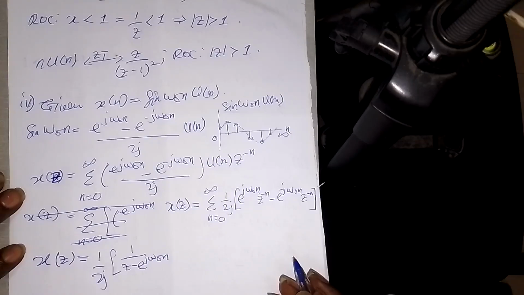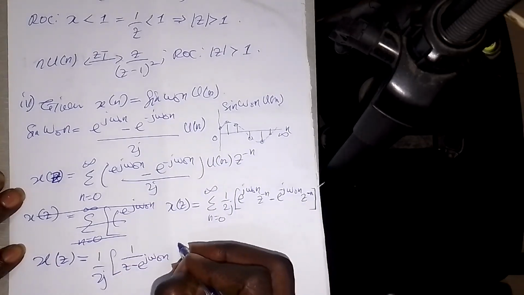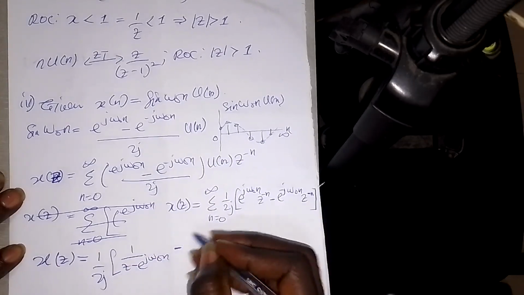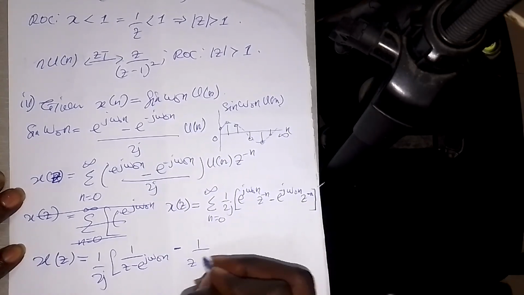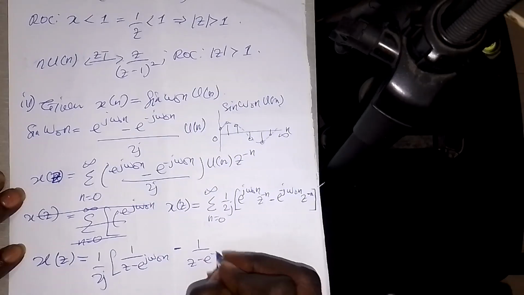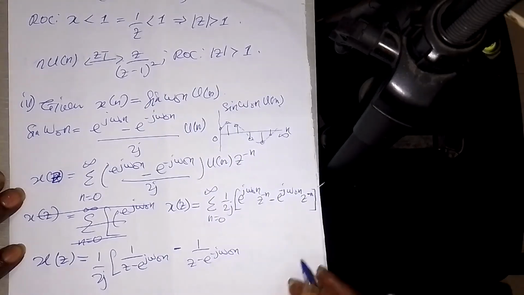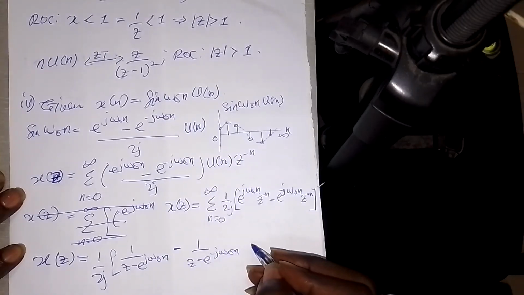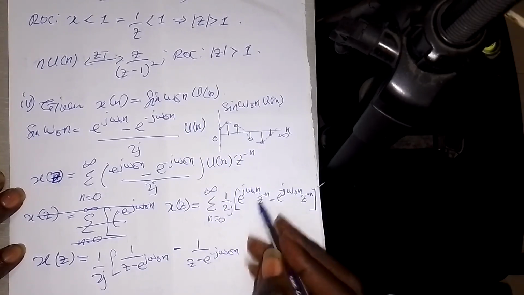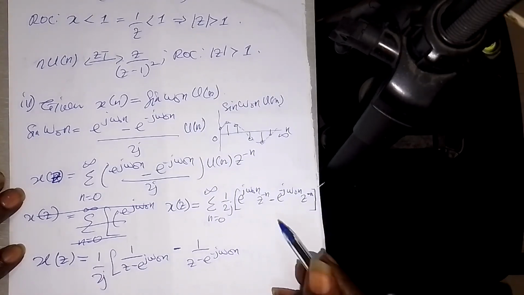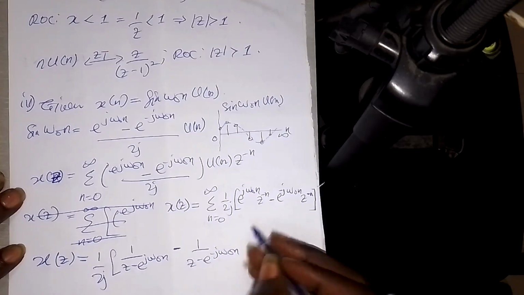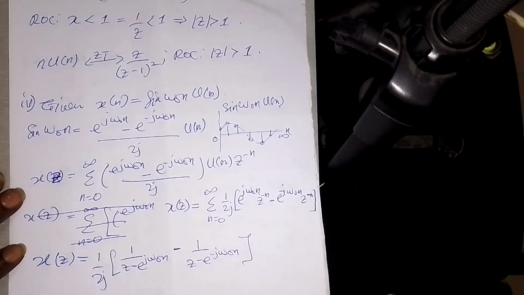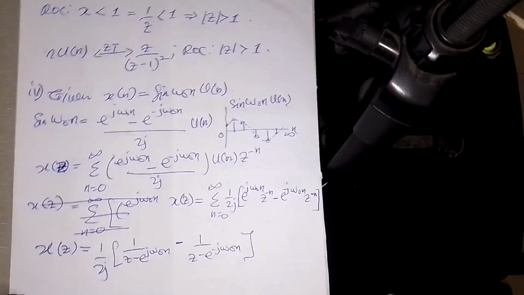Then minus 1 over z minus e^{-jω₀} for this one. So that is how it's going to behave.